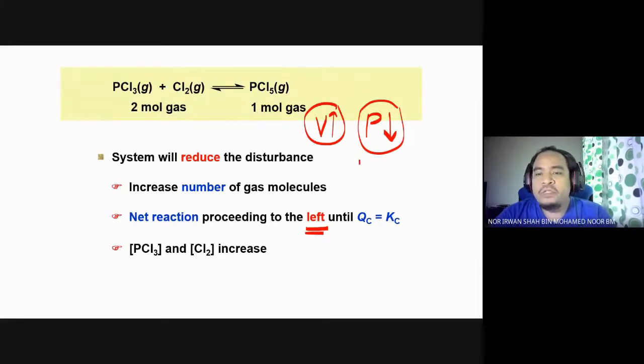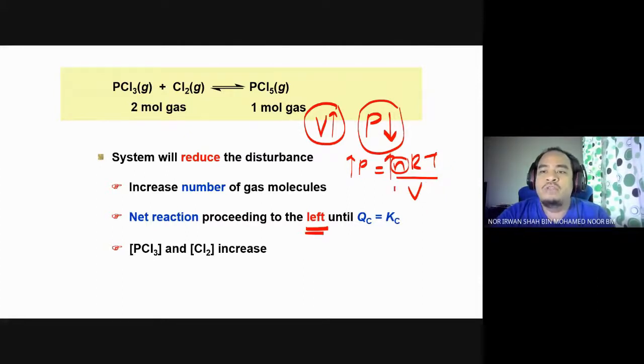Since pressure equals moles of gas times R times T over V, to increase the pressure the system needs to increase the number of moles of gas, because the volume is already increased and now constant. So the system will shift to the left.